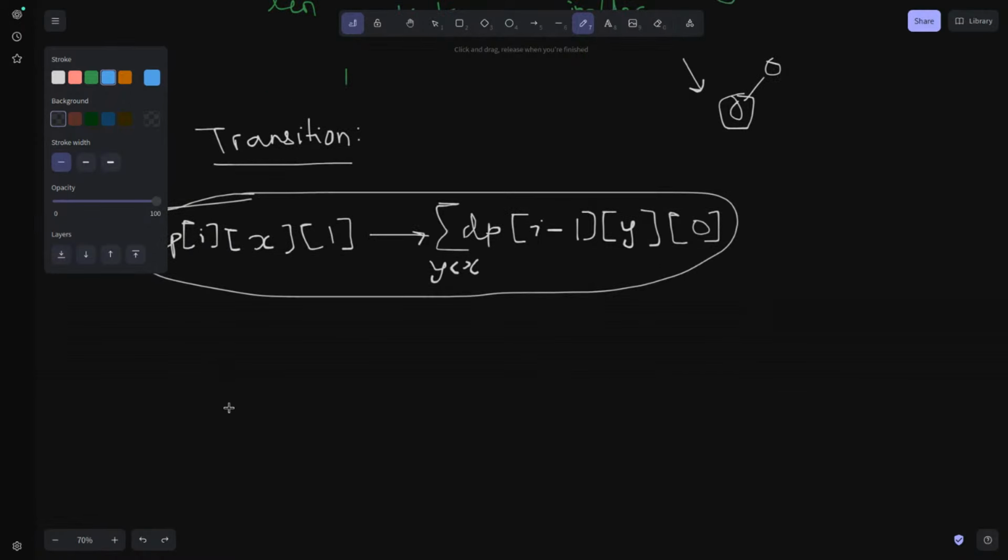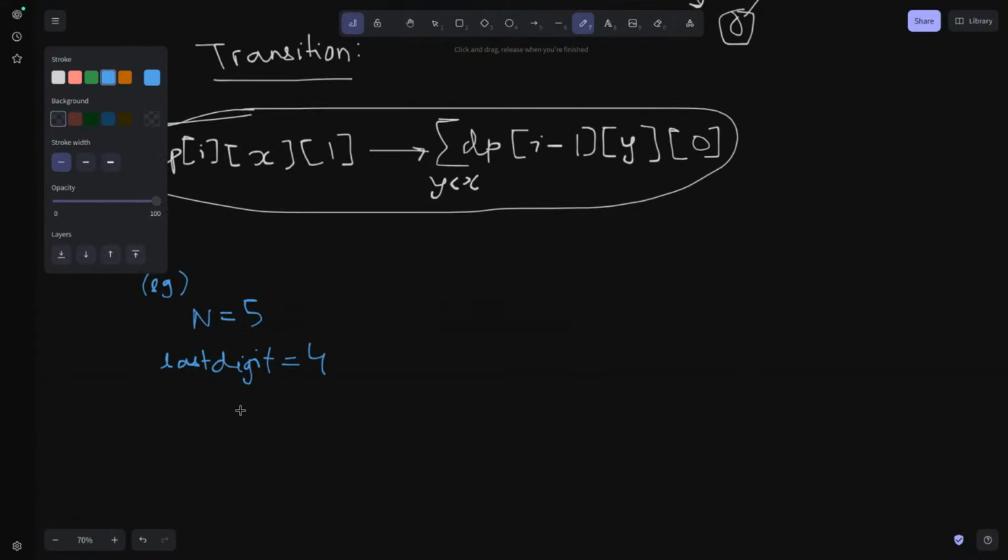Let's take a specific example. I am trying to find for length n equals 5. My last digit is, let's say, 4, and also the current pattern is increasing.